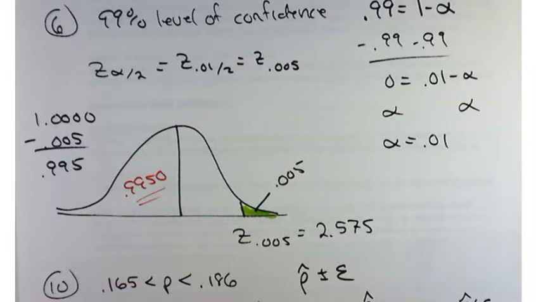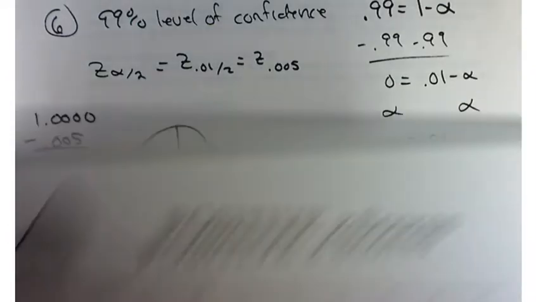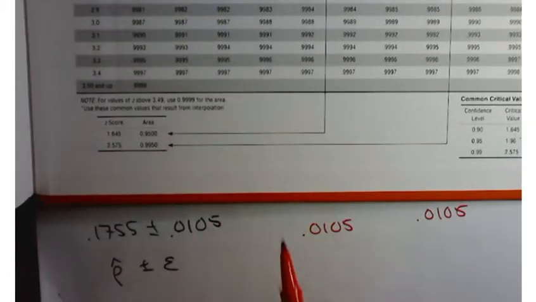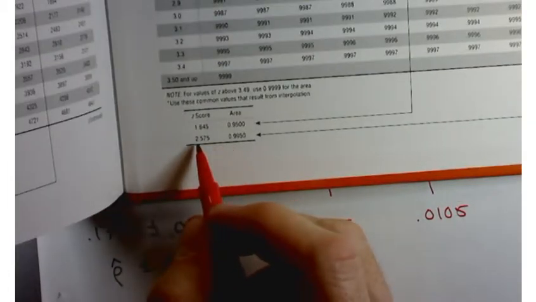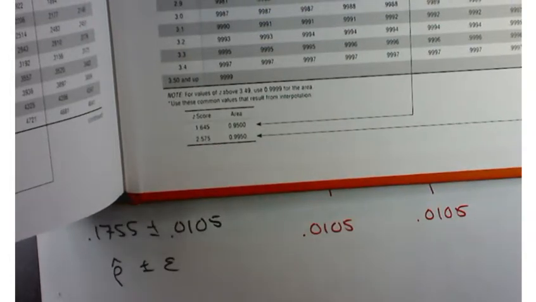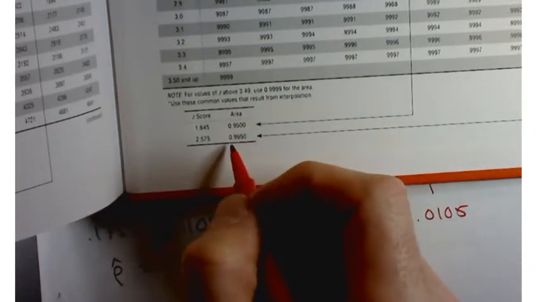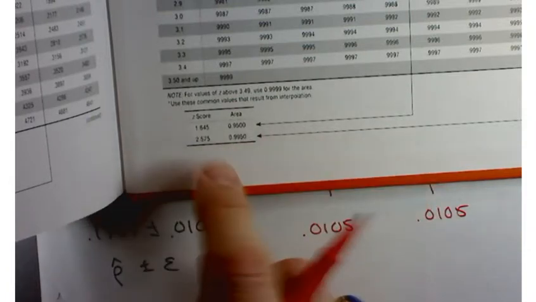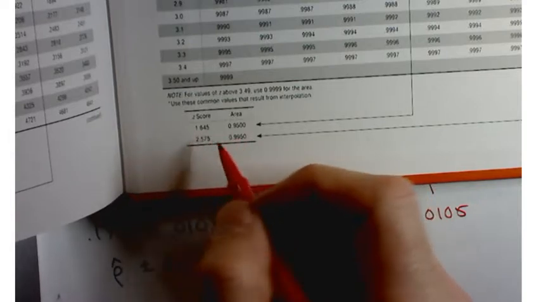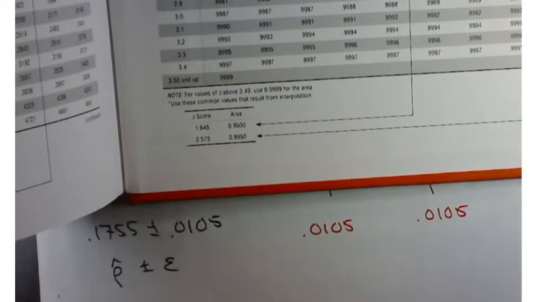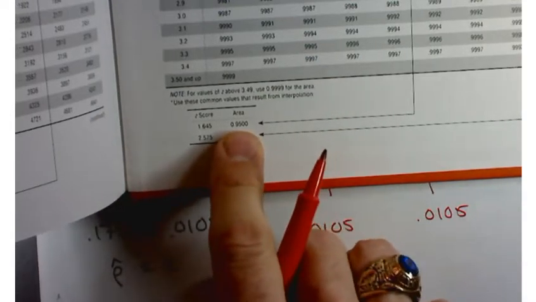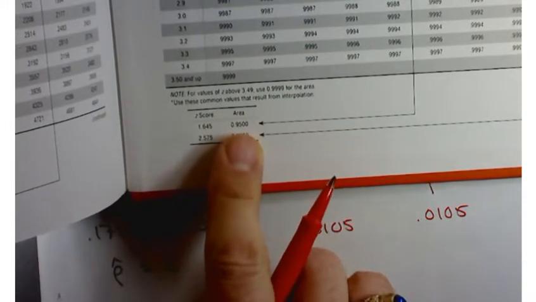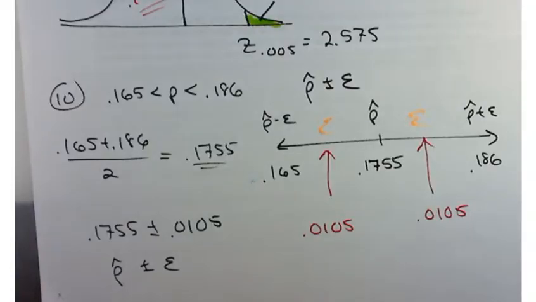And I think I mentioned, but I didn't actually show, that there's a special one for 0.9950, simply because that one's used quite often. And it's right down here. 2.575 is what you get, or where you find 0.9950 of the area. Another one that you run into quite often is 1.645, and that puts 5% of the area in the right tail and 95% in the left tail. Okay? Yeah, thanks for the question.